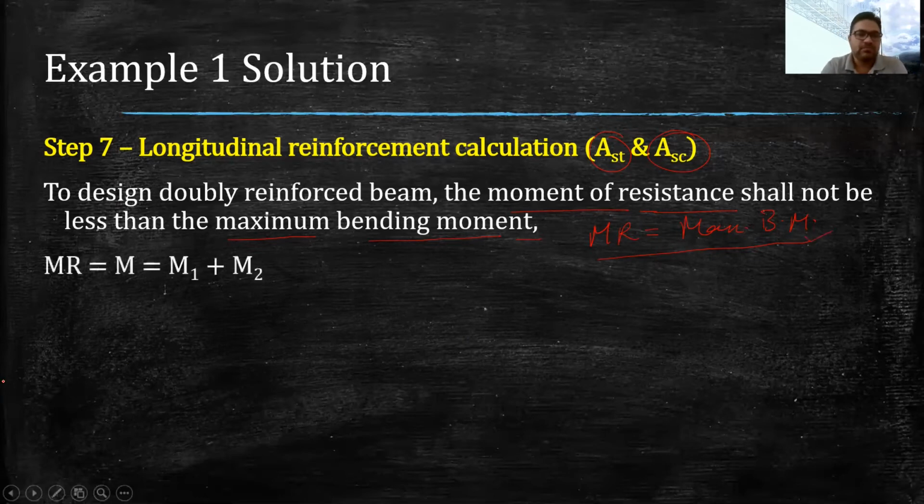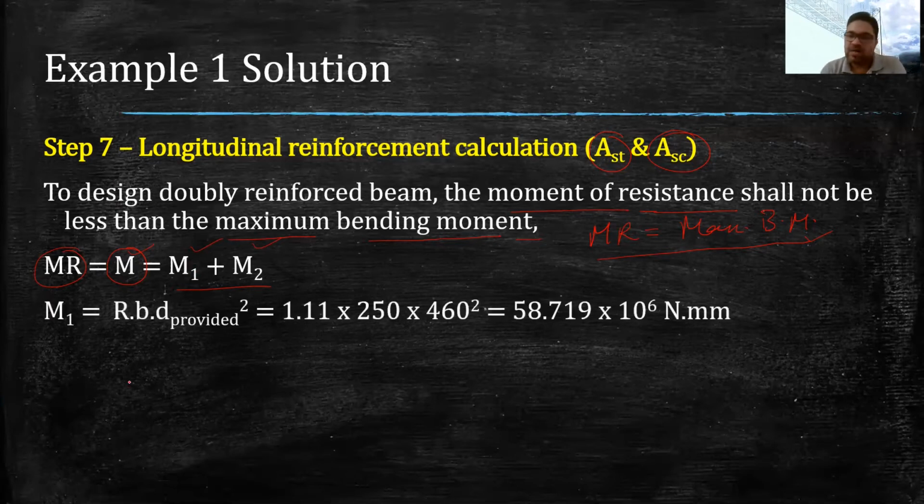So as we know, M is equal to M1 plus M2. This M is actually the maximum bending moment, and this maximum bending moment should be less than or equal to the value of MR, which is actually the sum of M1 and M2. And we know what M1 and M2 are.